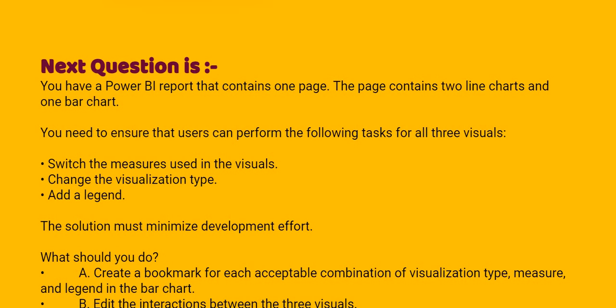Second, change the visualization type. Third, add a legend. The solution must minimize development effort. What should you do? Option A, create a bookmark for each acceptable combination of visualization type, measure, and legend in the bar chart.